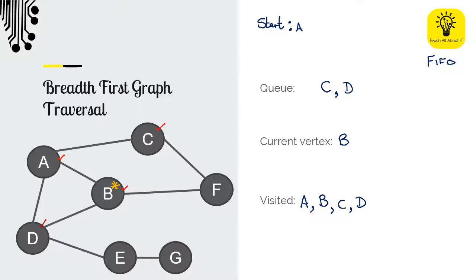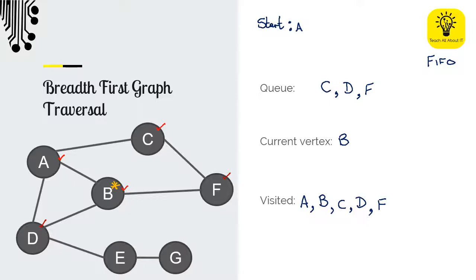Now B has visited A already, so there's no point there. It's visited D already, so we can't use that, but there is an unvisited node of F. So the next node to be visited is F. That then goes into our queue, and we identify it's been visited there, and we are still on our current vertex of B. Now B has no available nodes to go to, so we are going to change the current vertex using our queue structure.